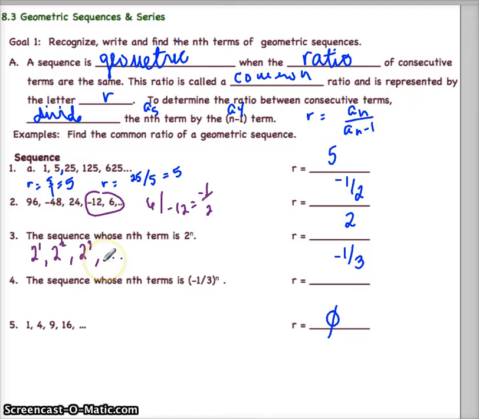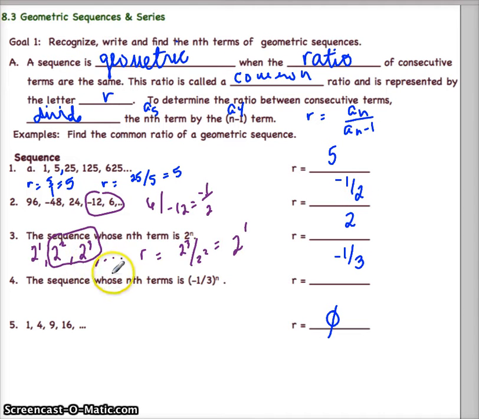So to find the common ratio, remember we select two consecutive terms, and we divide the second term by the first term. 2 to the third divided by 2 to the second is 2 to the first. So that shows our common ratio.